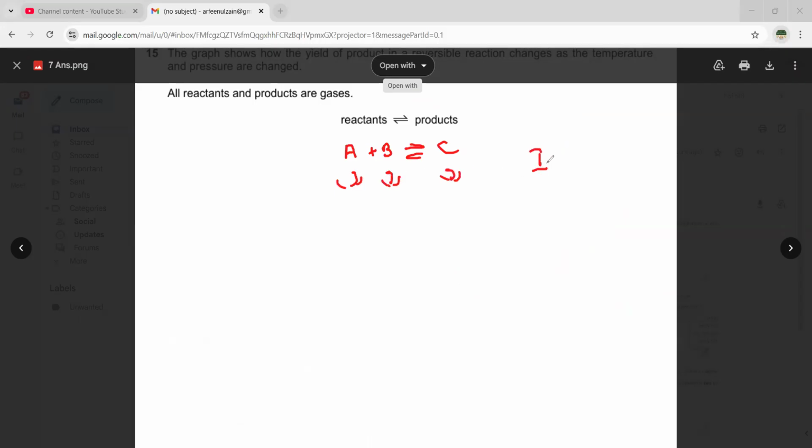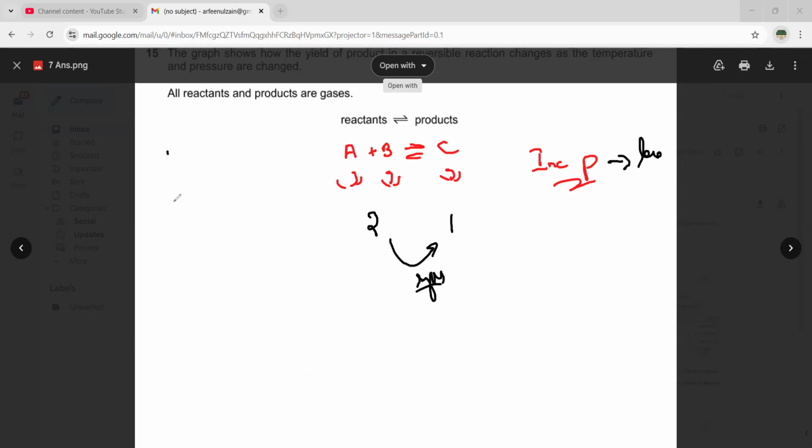If I increase the pressure, where will the balance shift? Right or left? Right. Here we have 2 moles and here we have 1 mole. So increasing the pressure shifts the equilibrium towards the side of fewer moles. In this case, it will shift toward the right-hand side.